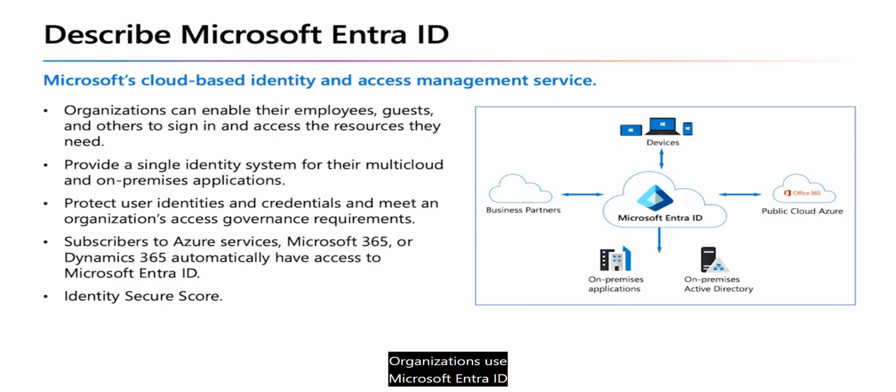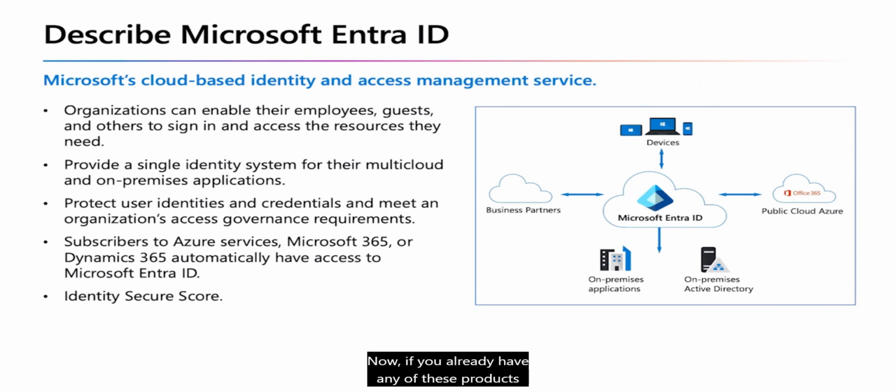Organizations use Microsoft Entra ID to enable their employees, guests, and others to sign in and access the resources they need. It provides a single identity system for multi-cloud and on-prem applications. This can help you meet your governance requirements.